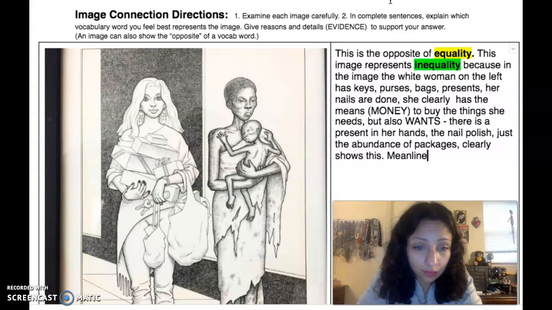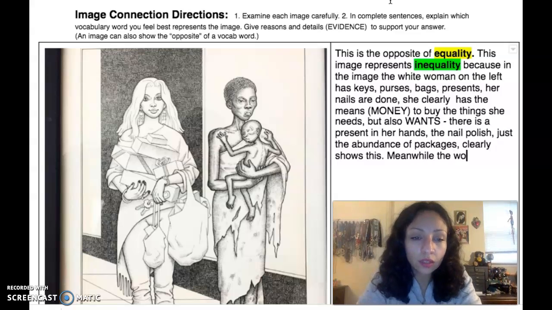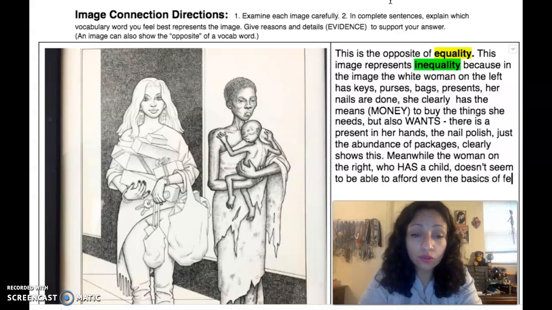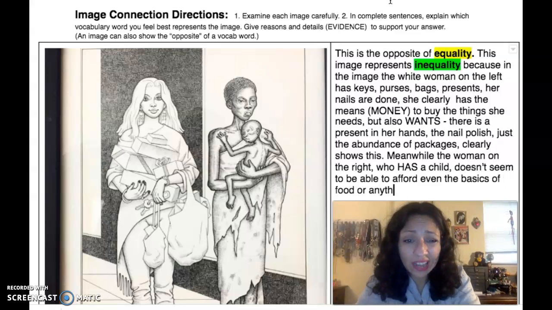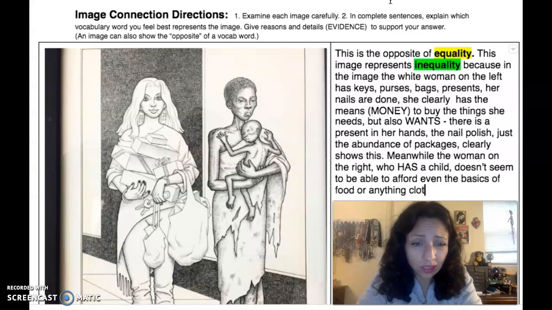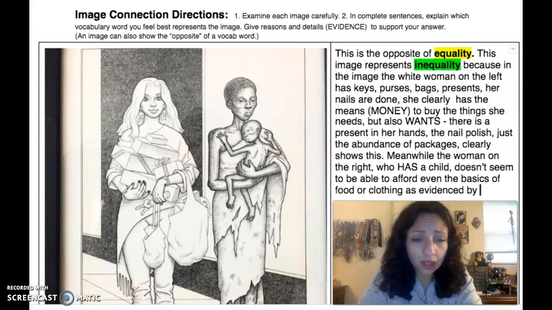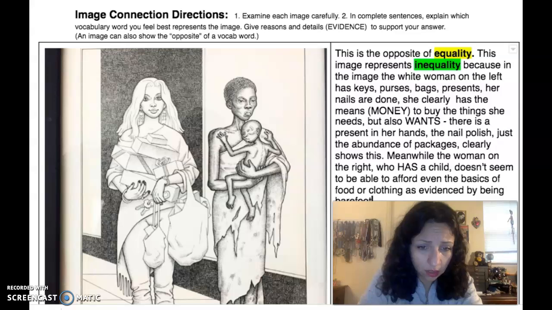Meanwhile, the woman on the right who has a child doesn't seem to be able to afford even the basics of food or clothing, as evidenced by being barefoot and having nothing in there except each other.